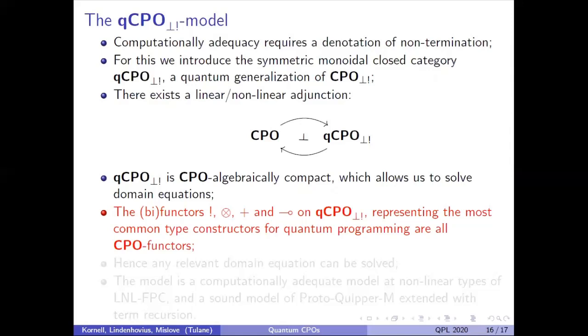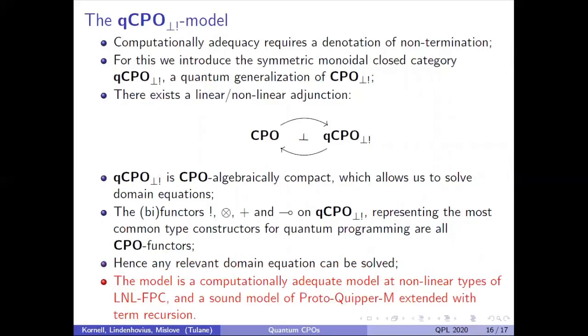These functors are used to represent the most common type constructors, and all these functors turn out to be CPO functors, so any relevant domain equation can be solved. And as a consequence, we find that this model is computationally adequate for nonlinear types for LNL FPC, and it's a sound model of Proto-Quipper-M extended with term recursion.